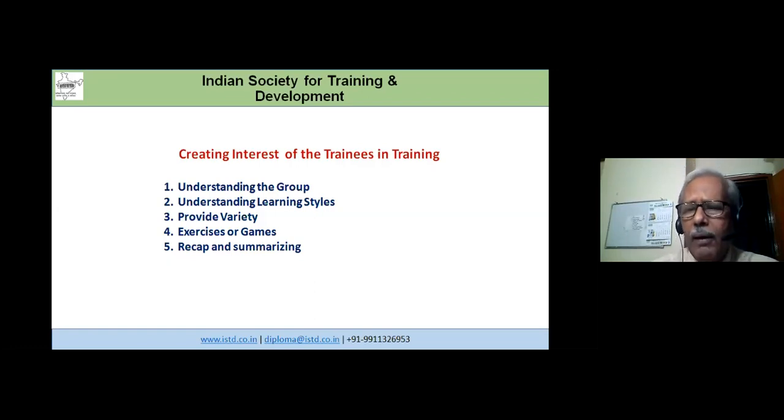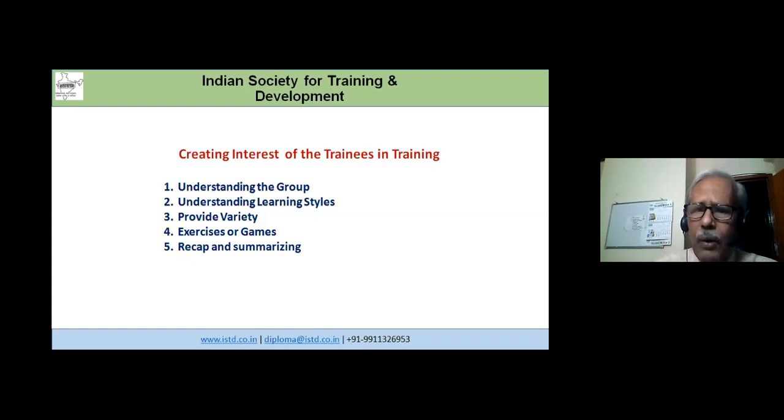The trainer must know that after a gap of 10 or 15 minutes, there must be some recapitulation, a recap of whatever has been done so far, summarizing the things that have already been said. Summarizing the training is very, very important, because if there is any doubt or any question, the participants can very well ask, so that things do not get stuck somewhere in between.